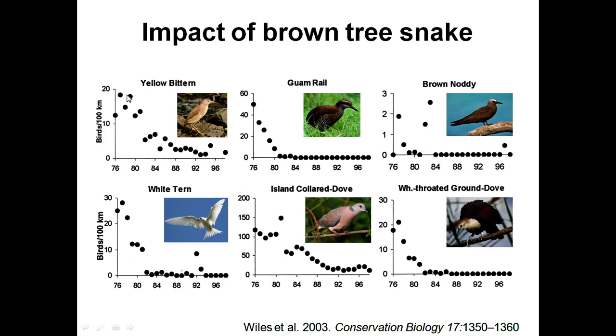You can see in many cases there's a sudden decline of the populations, but in some other cases there are extirpations. Guam rail is completely gone, and brown noddy is completely gone. White-throated ground dove is completely gone. These are extinctions, or we can call them extirpations, because these are local extinctions, and many species declined and some other species were completely extirpated.